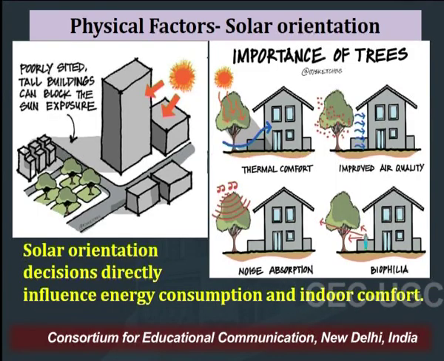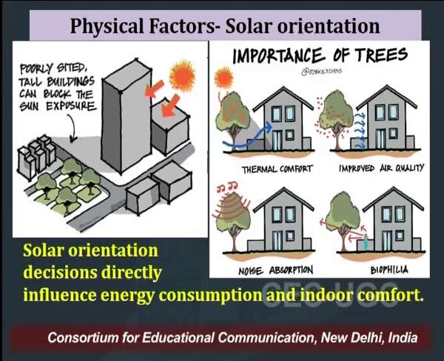Another design strategy can be making overhangs. When the sun is at a higher altitude during summers, the overhangs will stop the harsh sun from entering the built environment, and during the winters when the altitude of the sun is at a lower level, the sunlight can easily enter the built environment.